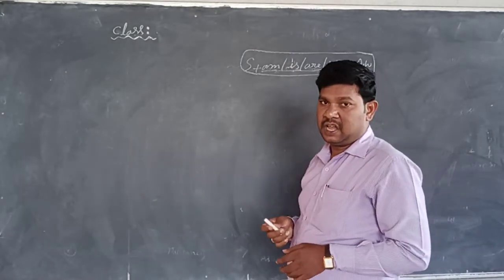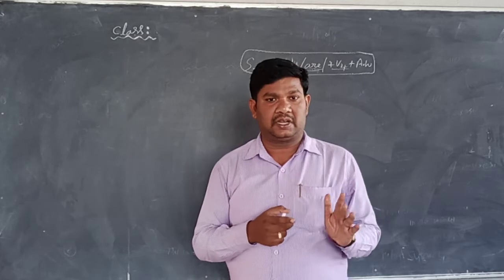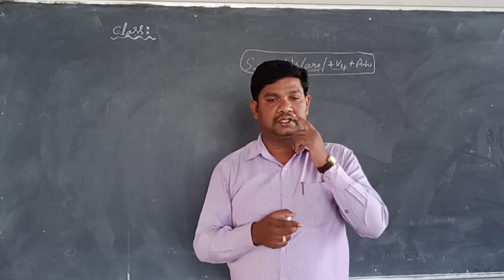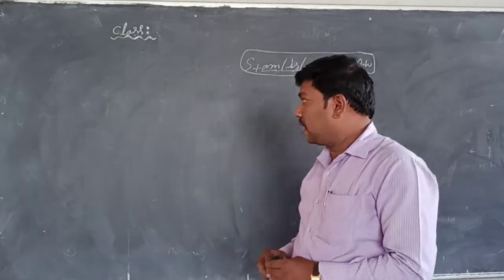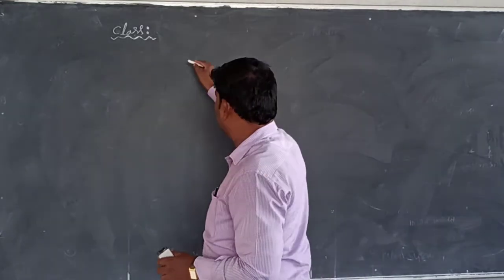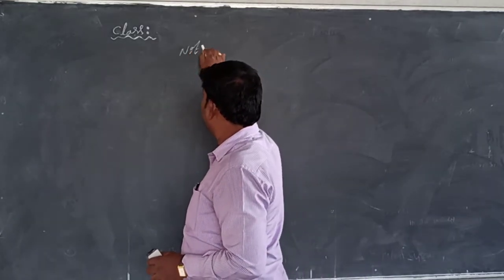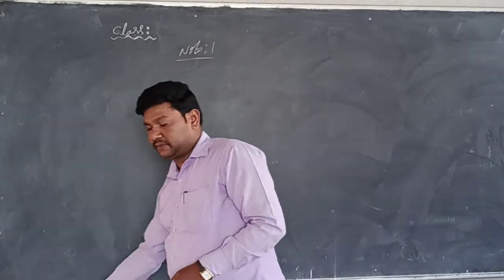This is the structure, and I told you this is a positive sentence, and we also learned negative sentences, interrogative sentences, interrogative with negative, and WH questions. So today we are going to learn a different one, that is note 1 in present continuous tense.